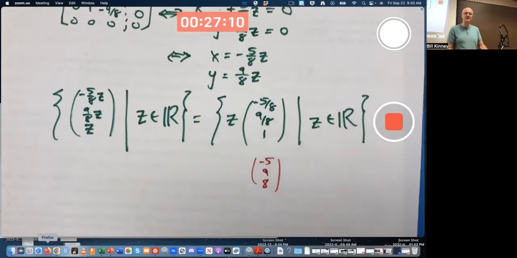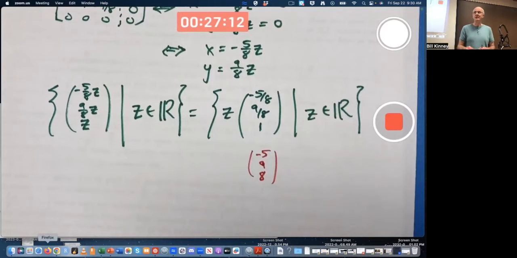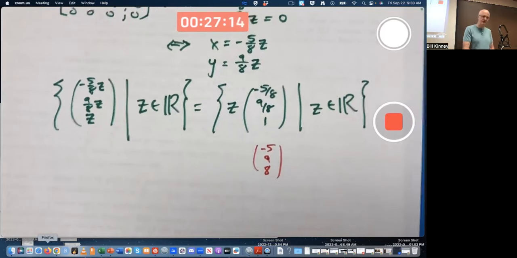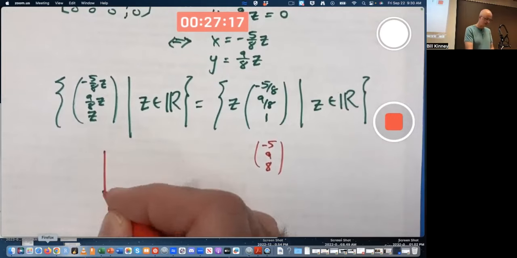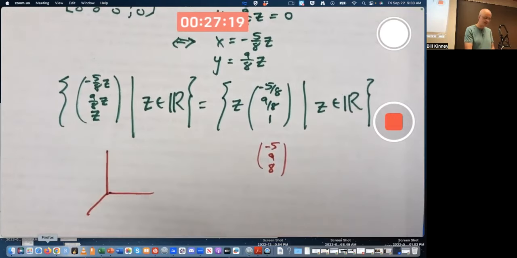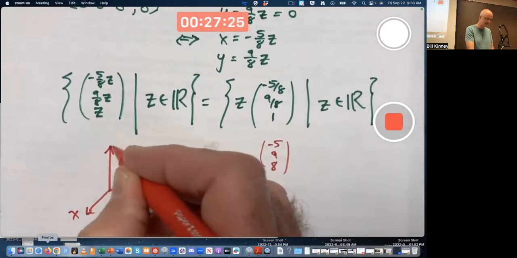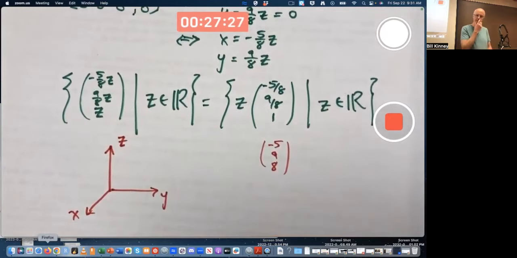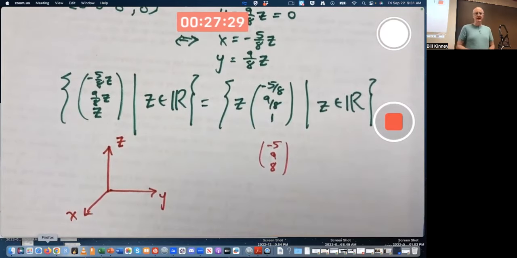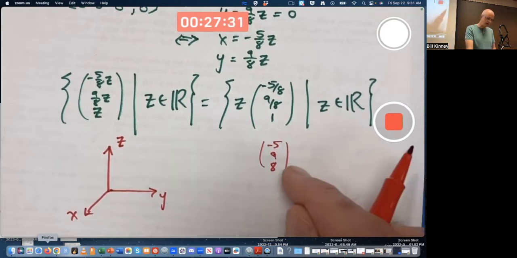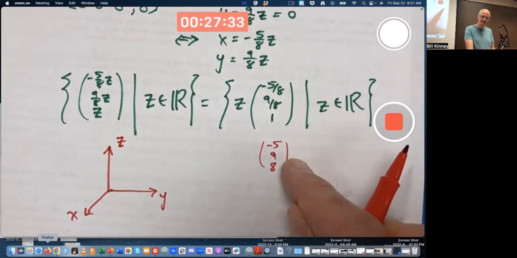Geometrically, what is this solution set? Geometrically, it's a line through the origin in three-dimensional space. If this is, say, the positive x direction right there, the positive y direction right there, and the positive z direction right there, and you try to draw a vector parallel to this one, say, x is negative 5, y is 9, z is 8.